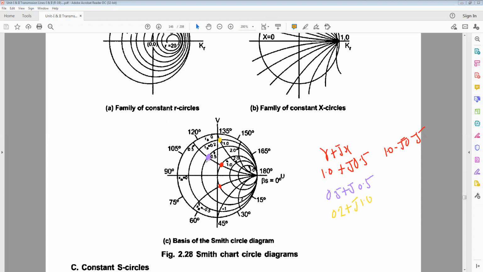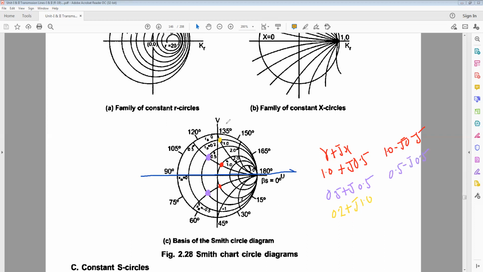Similarly, if I use this same circle in the bottom half, below the bottom line, my dear students, assume this is the bottom line. Above it the values are positive imaginary, and below it the values are negative. Suppose I assume this one, the same thing 0.5, but below the bottom line, it means minus j 0.5.